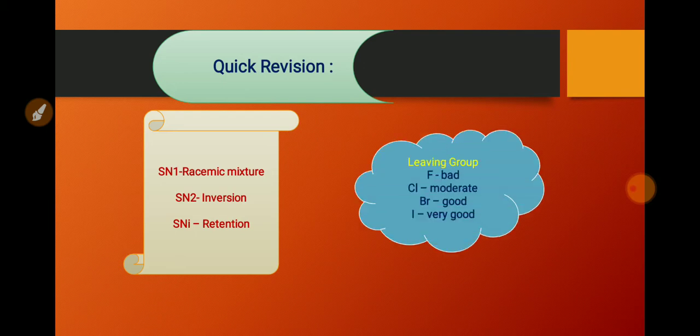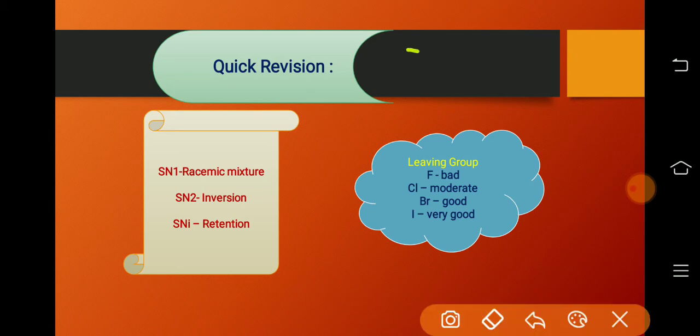Here is a list of some leaving groups. To carry out a reaction at fast speed, or to enhance the rate of reaction, the reactant must contain a good leaving group. Here, fluorine is highly electronegative and small in size.